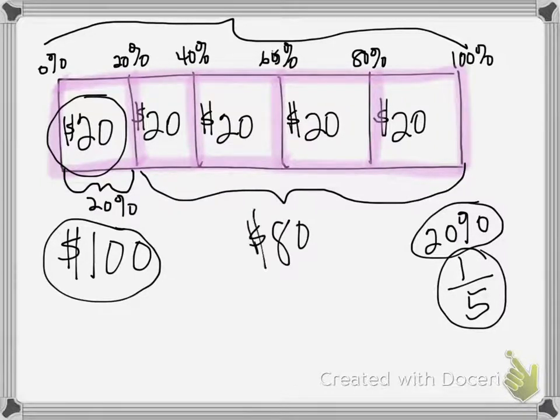So we can tell that $80 is equivalent to 80% of the original price, and the $20 is equivalent to 20% of the original price. So we can see the tape diagram form.